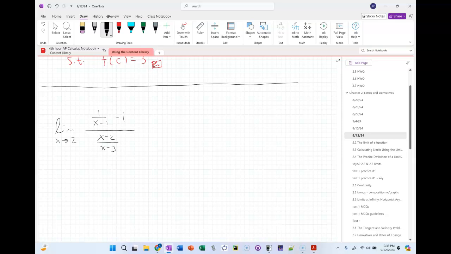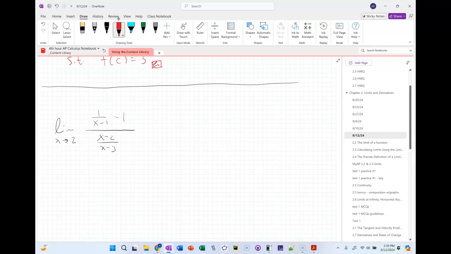So I have 0 over 0, right? So indeterminate. What I'm going to want to do is try to simplify this and reduce. And I don't know if this is going to be terrible or not because I'm just making this up on the fly. So I apologize if this goes terribly wrong.